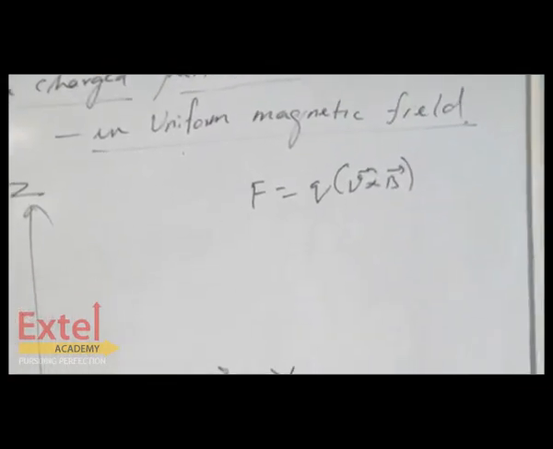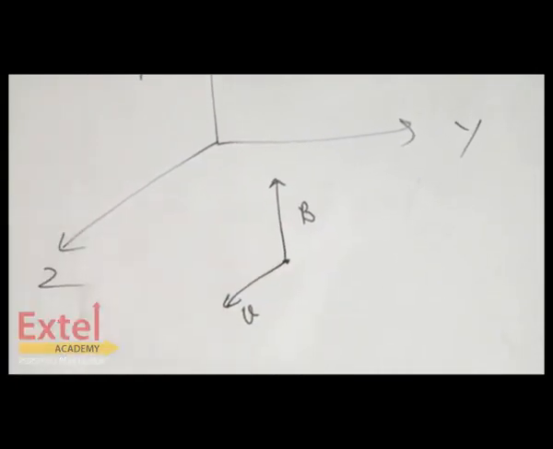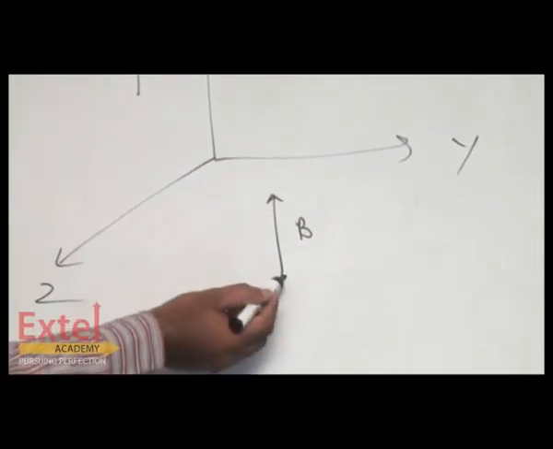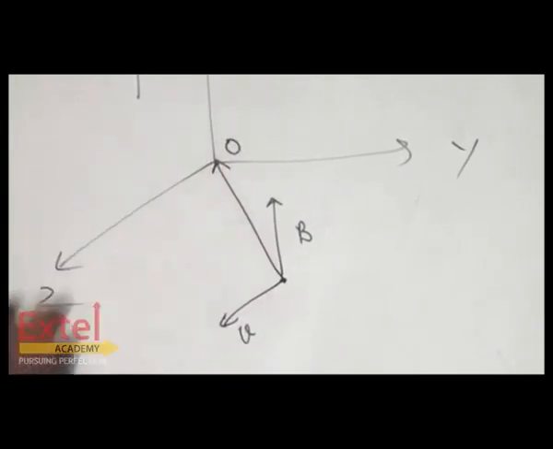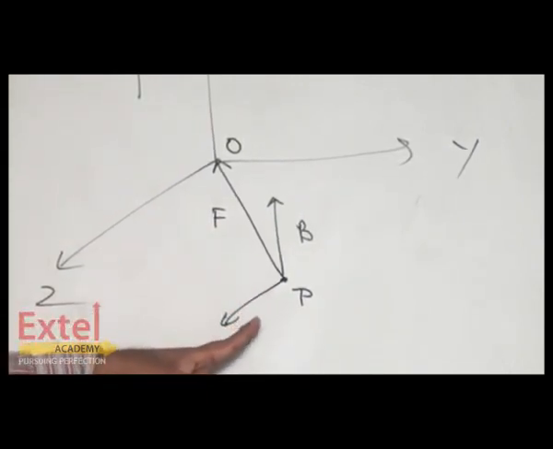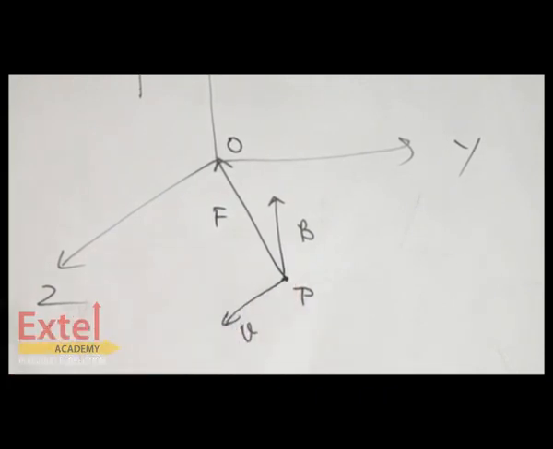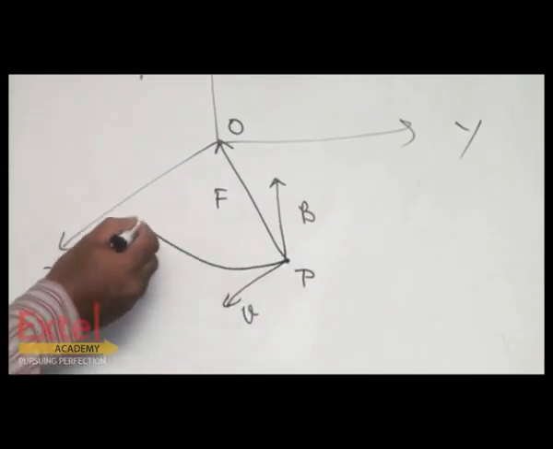will be perpendicular to the direction of the magnetic field and v. So the force experienced by this charged particle should point towards the center of the three-dimensional Cartesian coordinate axes. If this is the position of the particle, the force acts along PO, perpendicular to both v and B. If the particle moves, then it moves like this.